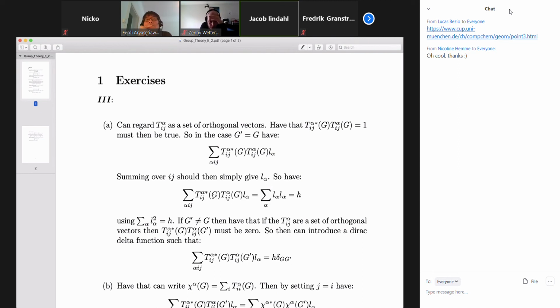So in the case G prime equals G, we have h. If G prime is not equal to G, then these two would not be the same anymore, and if they're orthogonal, then they should be 0.